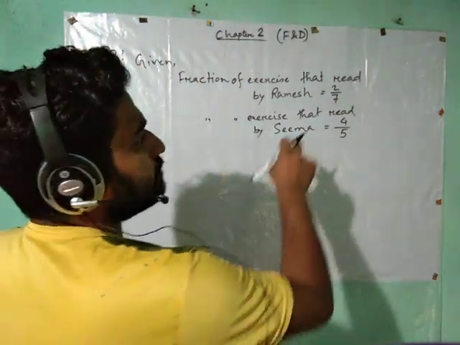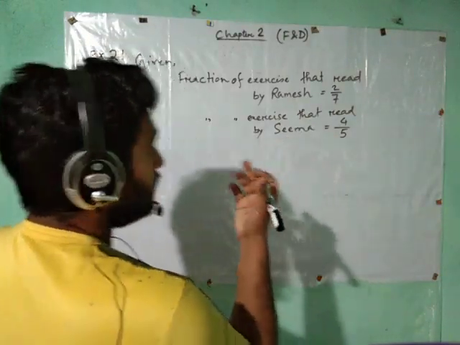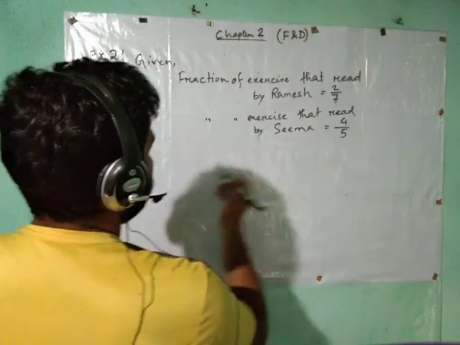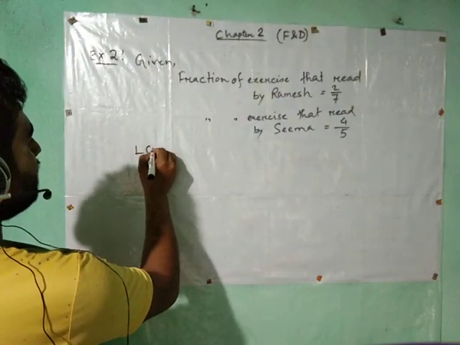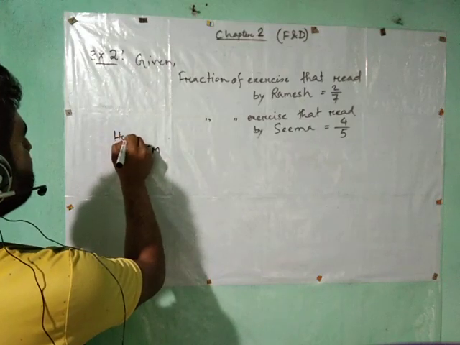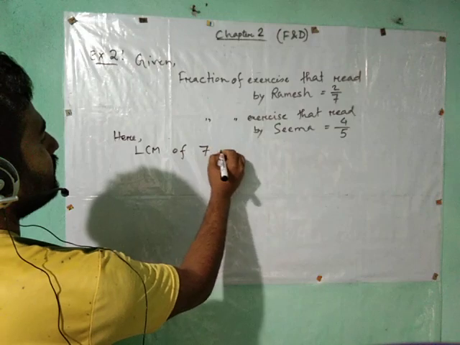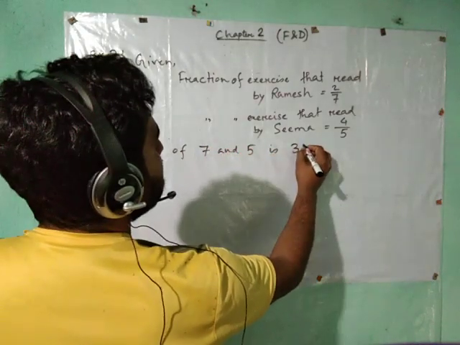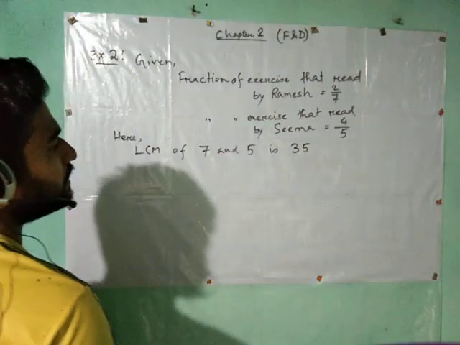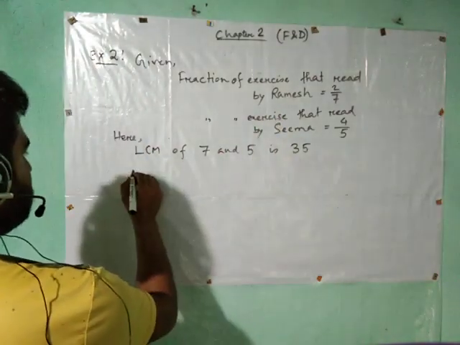And what is the technique behind making these denominators the same? See, 7 and 5. First I will take the LCM. So write down LCM of 7 and 5. How much is it? Simply 7 into 5, that is 35. Now convert.